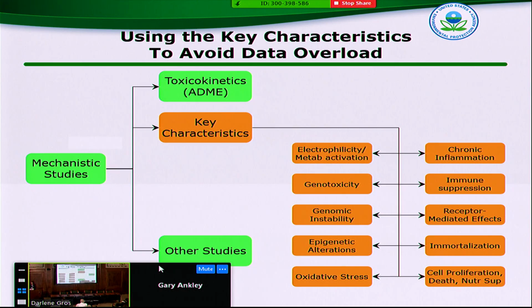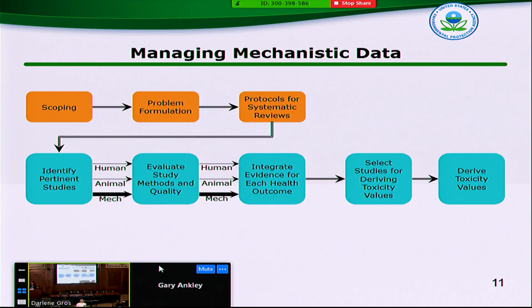And the point is to not get totally swamped with all of these data. So what we do is we take our mechanistic studies and we sort them out into the different bins of key characteristics. And then we analyze them, but we analyze them judiciously.